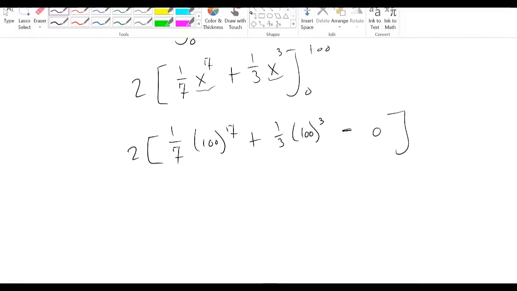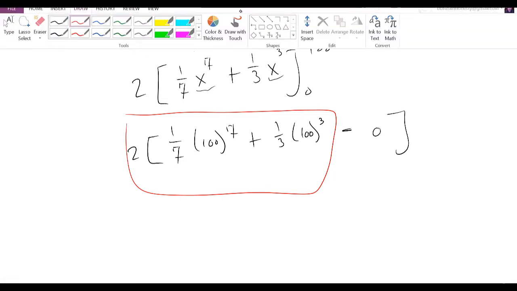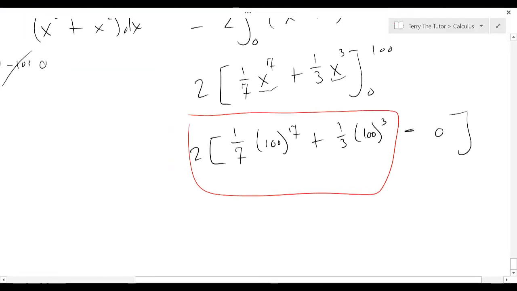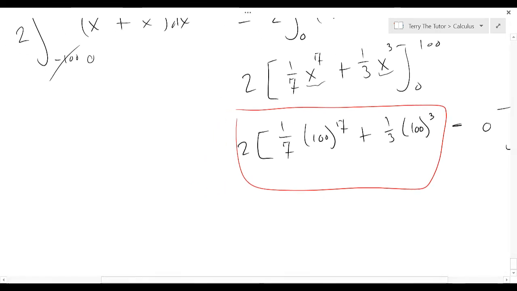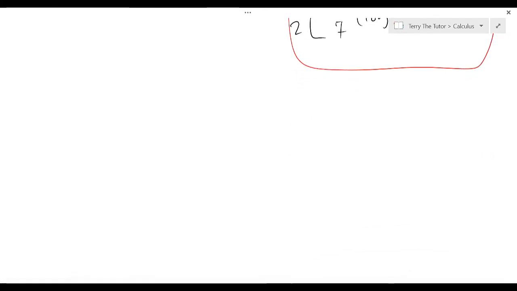So that would make this our answer. I think you guys know how to plug that in your calculator, so I'm just going to leave that because it's going to be so many zeros. You get the idea of the integral, though. On your test, I really hope your professor won't do that to you.